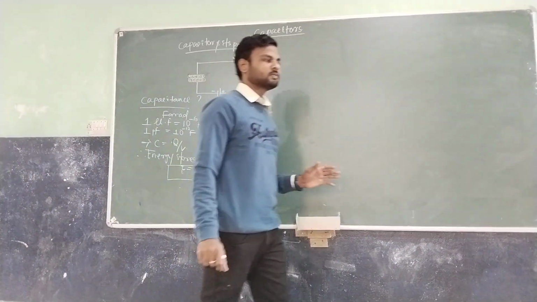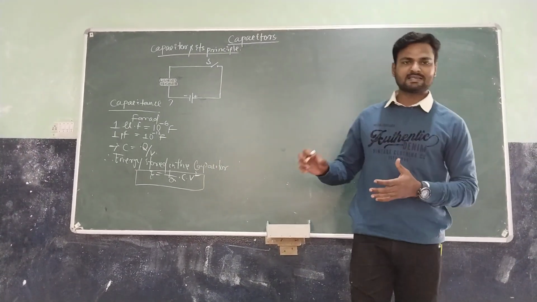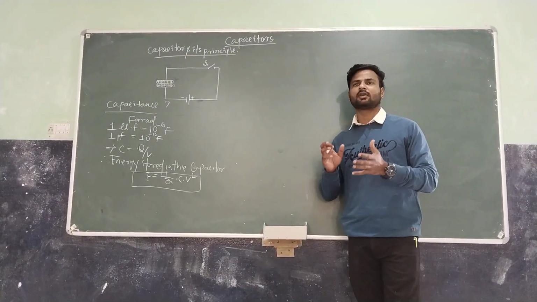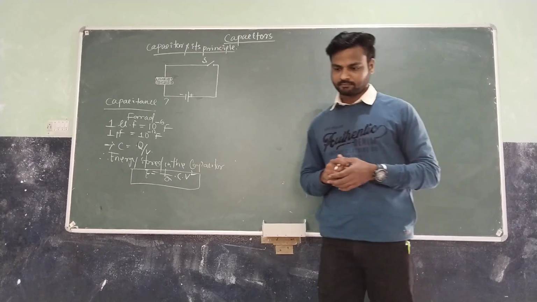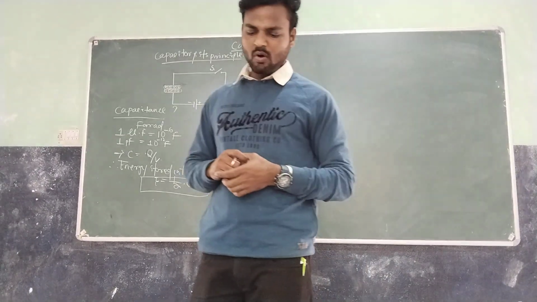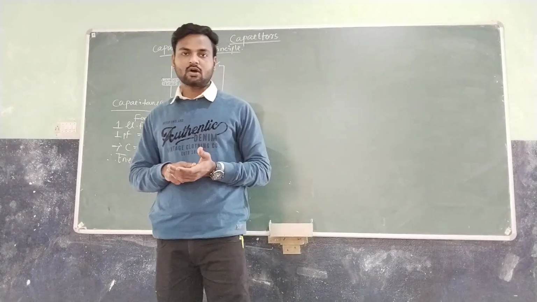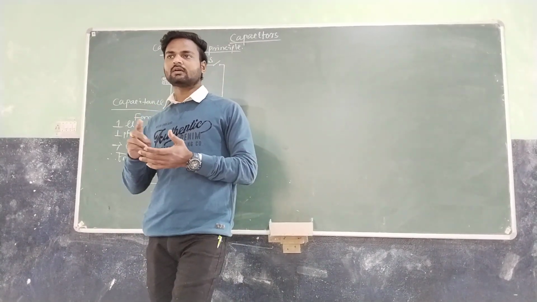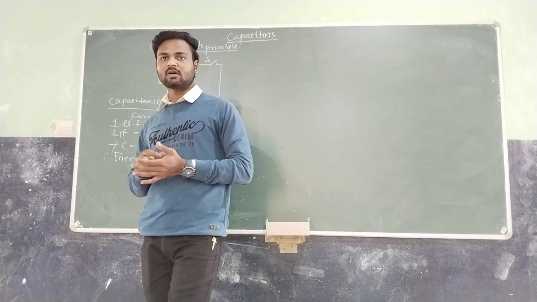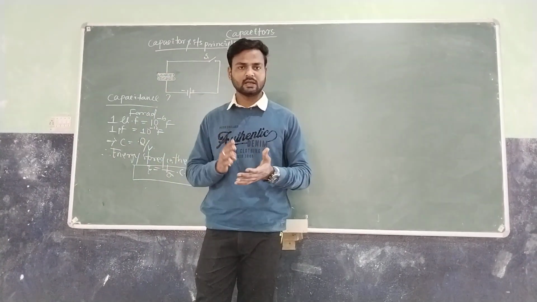So we will solve some problems regarding capacitance, charge, and the energy stored in the capacitor. A capacitor is also known as a condenser. Why is a capacitor also known as a condenser? Because it stores electrical energy.